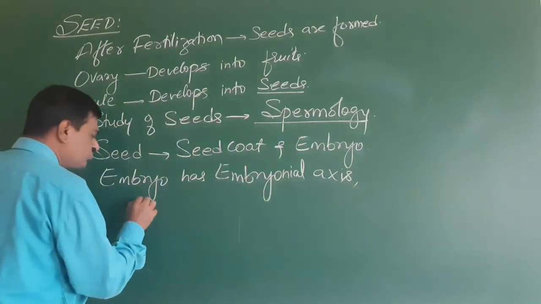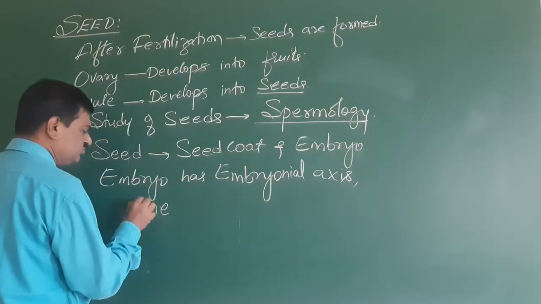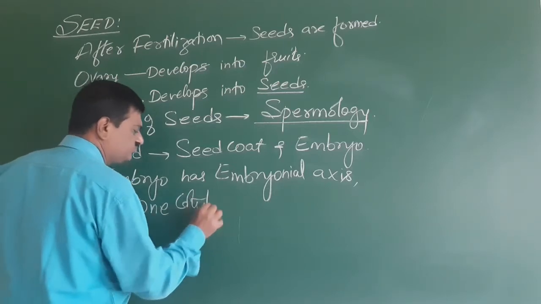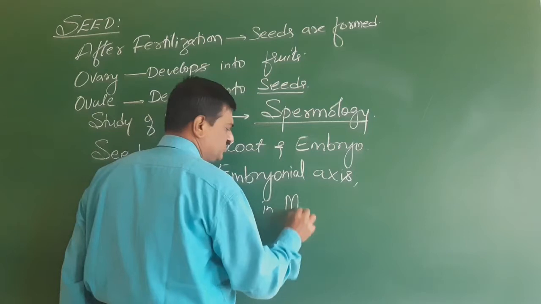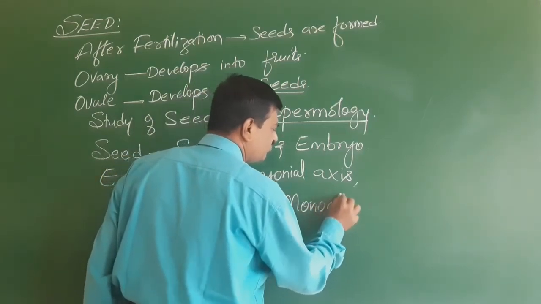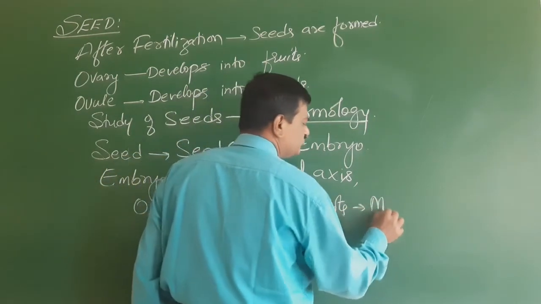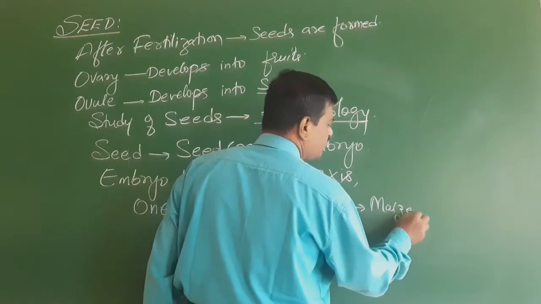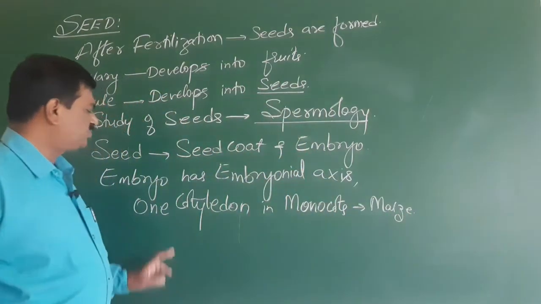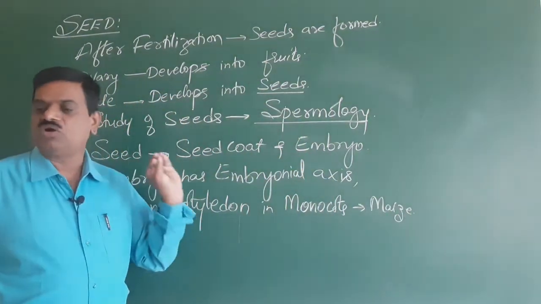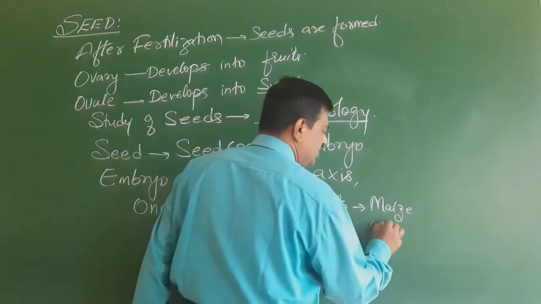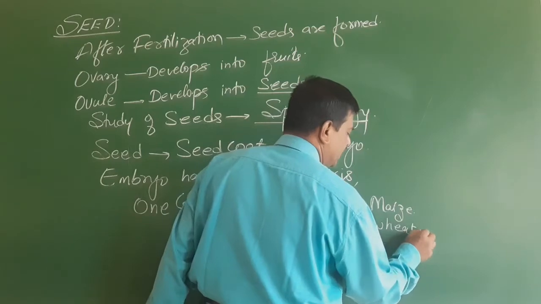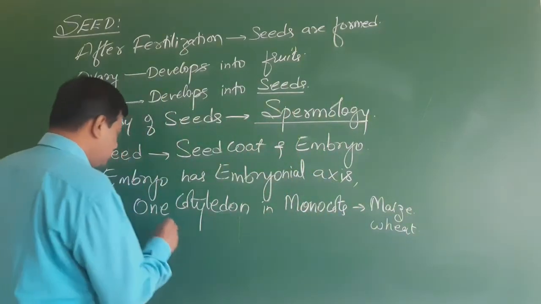and one cotyledon in monocots like maize. So here there is a presence of one cotyledon. That can be noticed in maize as well as in wheat.